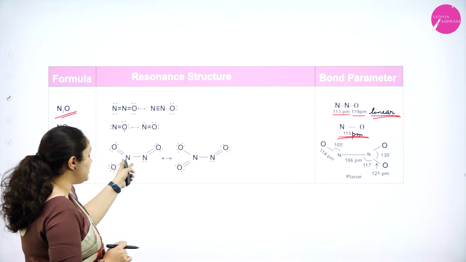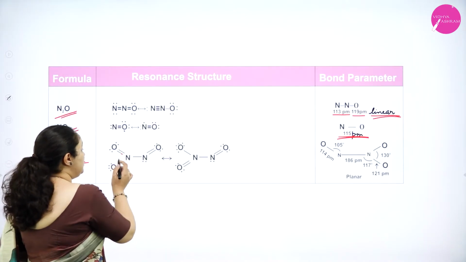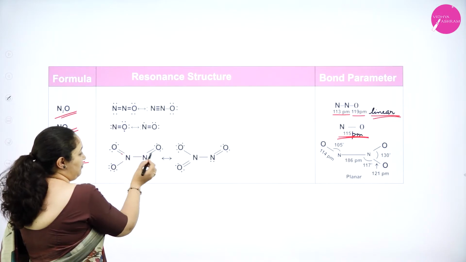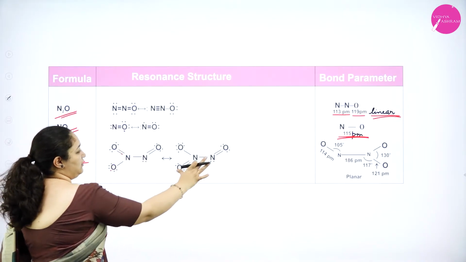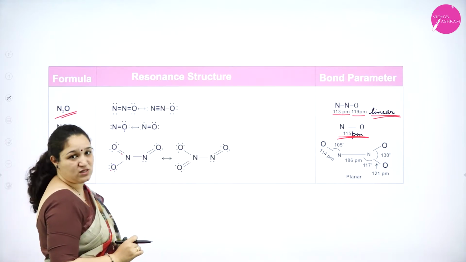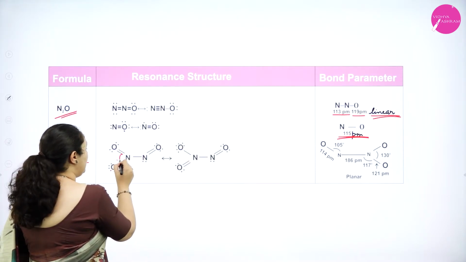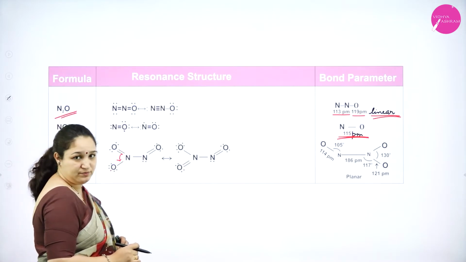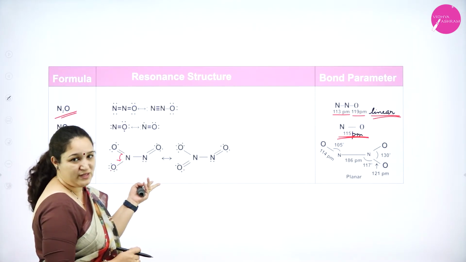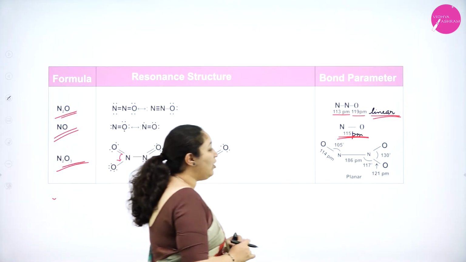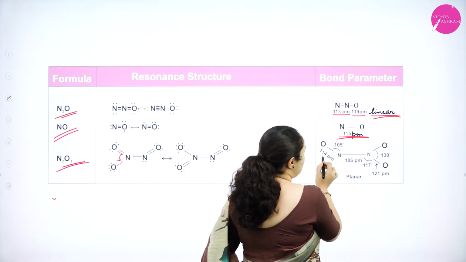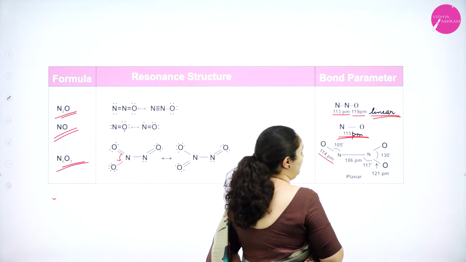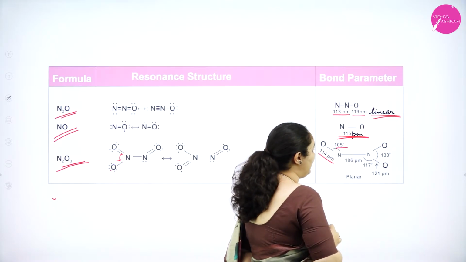Now what is the change between the 2 structures is, instead of what was written first, where the double bond was shown with these 2 oxygen, then the double bond was shown with these 2 oxygen and 1 other oxygen. So it is just that the double bond has moved from one place to the other, okay, to give 2 resonating structures. So the bond parameters, if you see, nitrogen and oxygen it is 114 picometer and the angle is 105 degree.